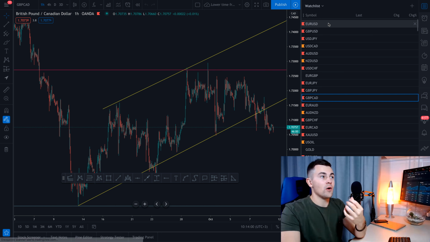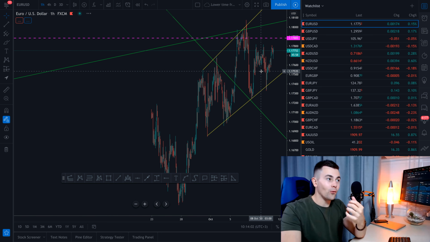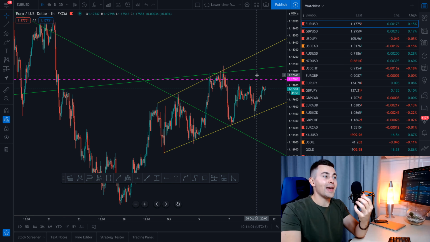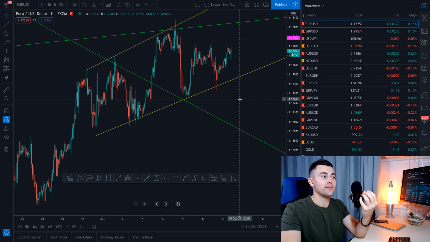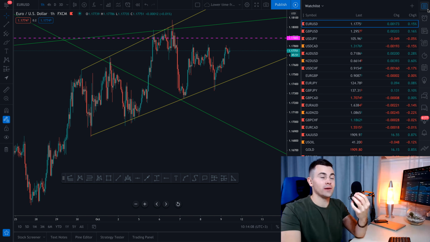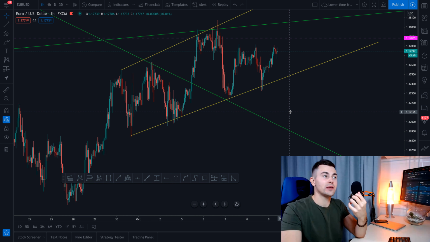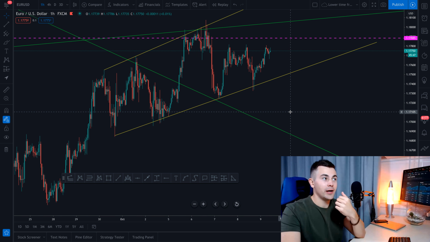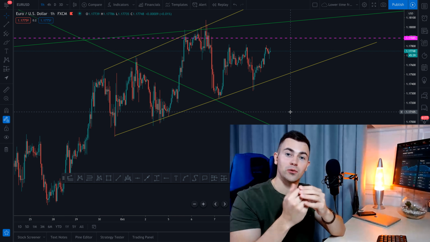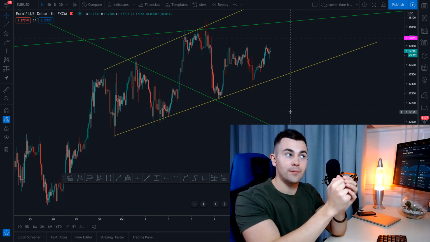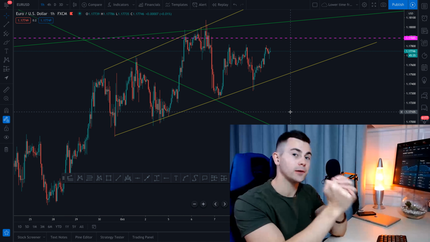On the euro dollar, on the lower time frame layout, I have the structure and the patterns on the lower time frame. This layout is strictly based on the 4-hour and 1-hour time frame analysis, and here I analyze the charts in detail. Here I pay attention to minor tiny elements in the price action, minor tiny patterns.